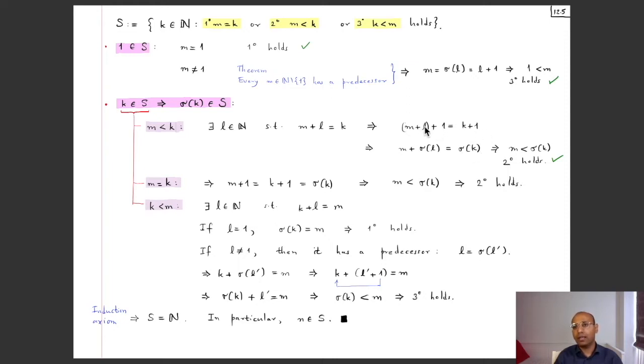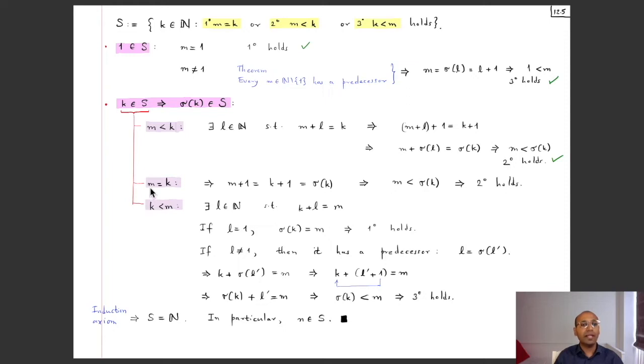And over here, I can use associativity to club these two together, and then it becomes the successor of L. So to m, I have to add a natural number to get sigma k. In other words, m is less than sigma k, and so we are in case 2 with sigma k replacing k. So statement 2 holds, and in this case we are done.